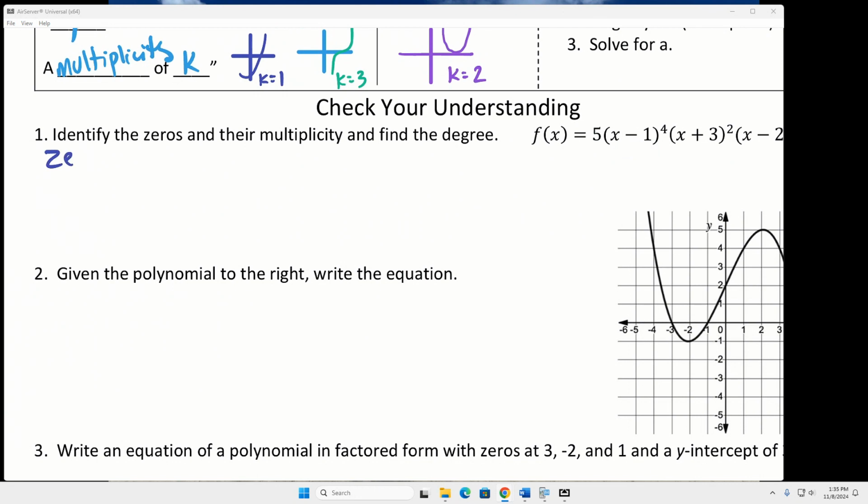So if x minus 1 is a factor, what is the 0, or the x-intercept? Okay, I said this for 2 days. I know. It was just one. Yes, it's just one. All right. And then the multiplicity of that 0 is going to come from the power on that factor. So the multiplicity is going to be 4.